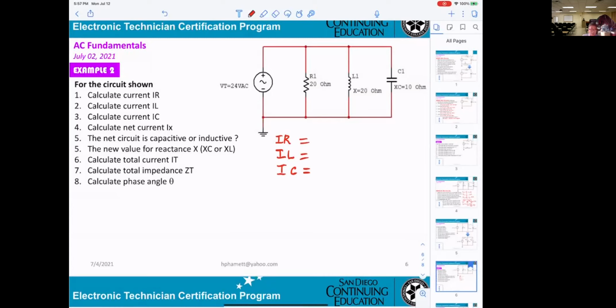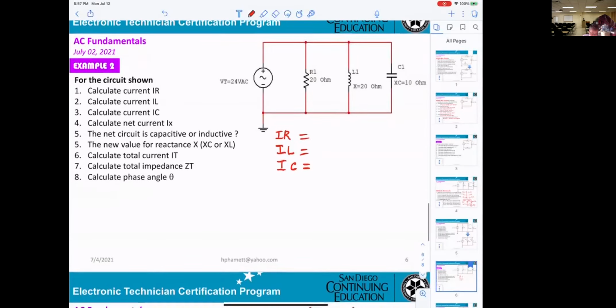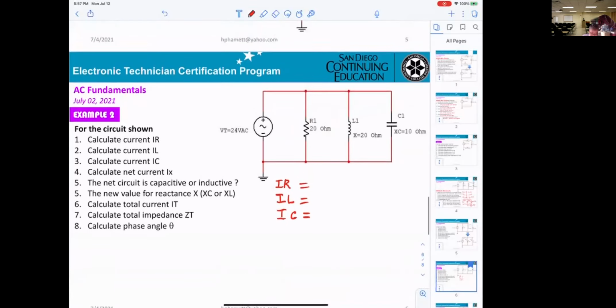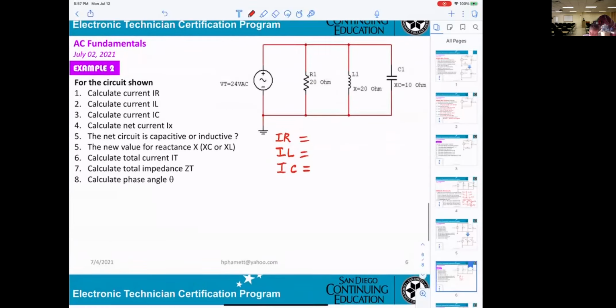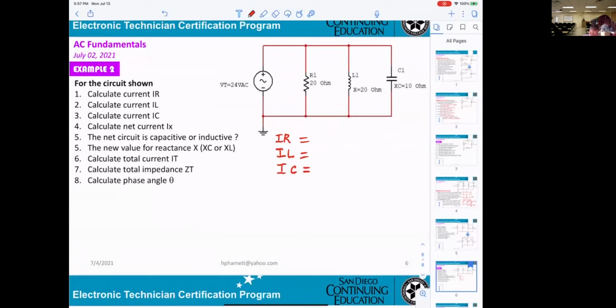So that's why normally for the calculation, I give you only 3 minutes maximum. So you can get 24 divided by 20. It's 1.2 amps.